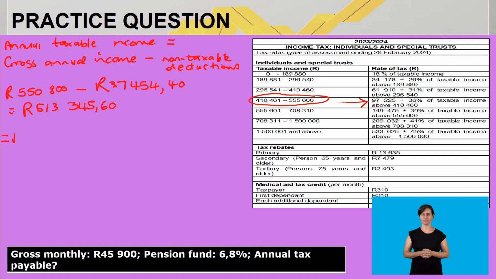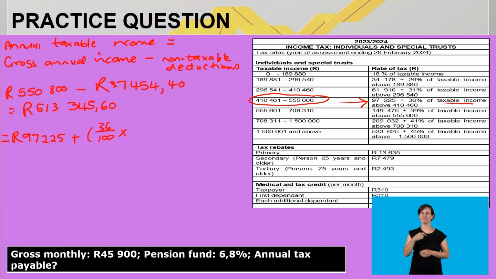I'll start off by writing my basic tax. That's 97,225 rand, plus an additional 36% of the taxable income above 410,460 rand. So how do I get that amount? Now I'll write it out for you so that you can see. You take your taxable income.